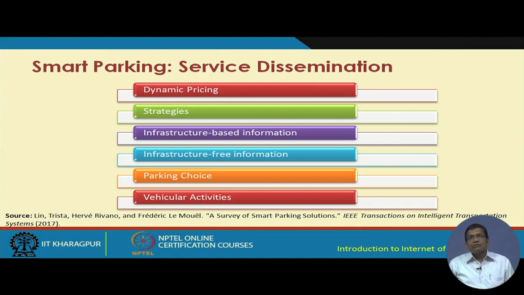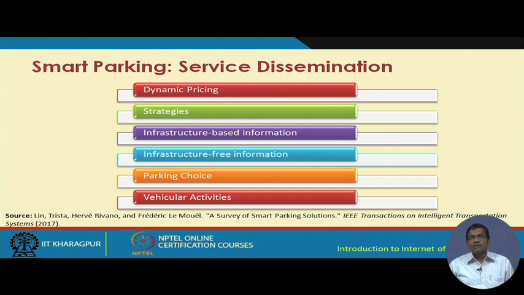Service dissemination with respect to dynamic pricing, strategizing, infrastructure based information, infrastructure free information. Infrastructure free is from the different sensors, which are not connected to the regular infrastructure like Wi-Fi, etc. Infrastructure based means from the regular internet infrastructure, from the regular city communication infrastructure like Wi-Fi and like 3G, 4G, the cellular networks and so on.